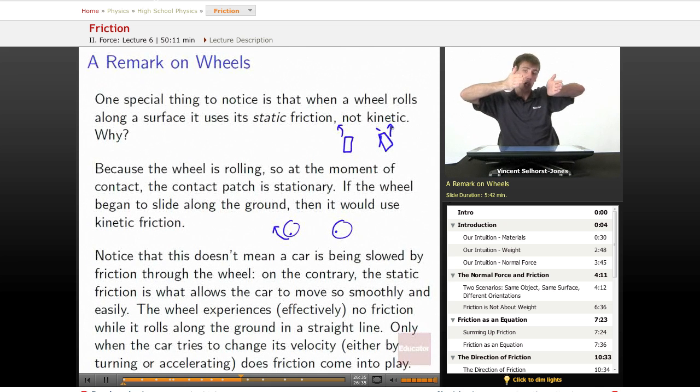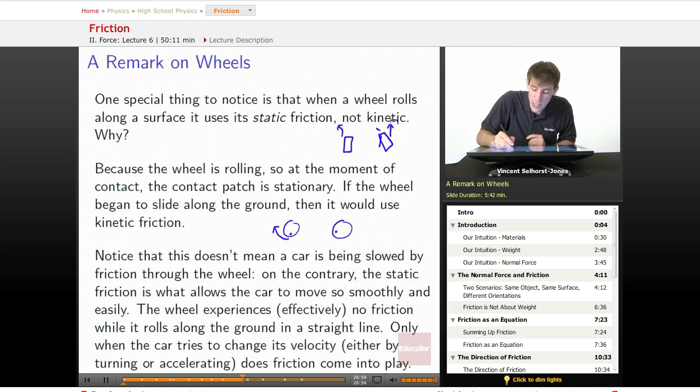If instead we turn, the car has two choices. It can't actually make a choice, but if it were to keep going in this path, then all of a sudden we'd be breaking its contact patches with the earth because that's not the direction the wheel wants to roll in. Instead, it's going to go this way. So if the car were to keep going this way, it would break friction.